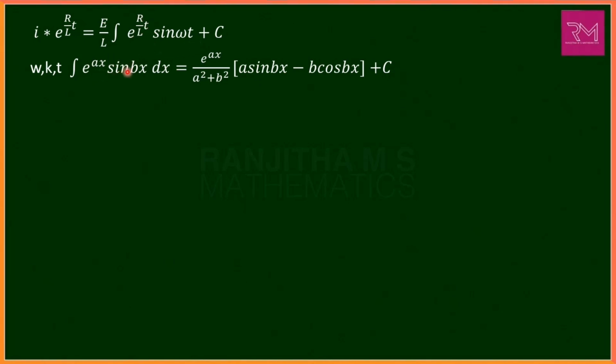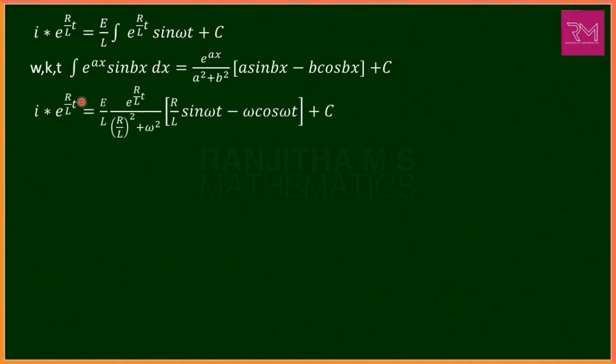So substituting this integration formula, we get I into exponential power R by L into t equals E by L into exponential power of R by L into t divided by, here a is R by L and b is omega.